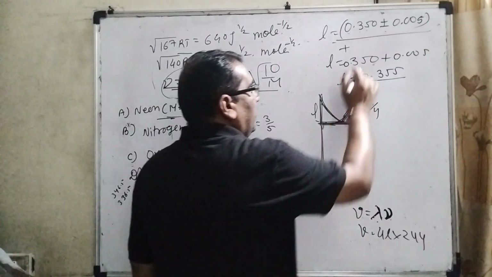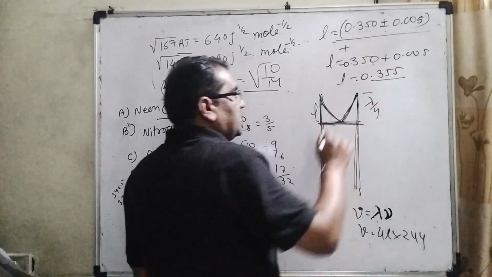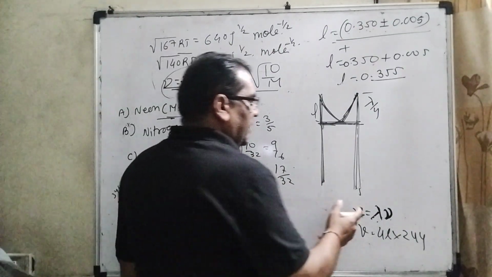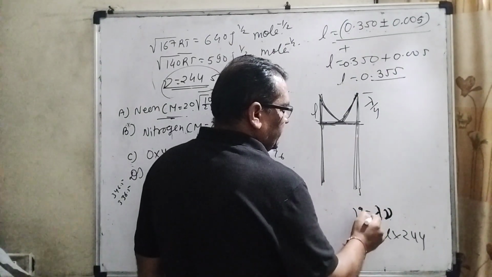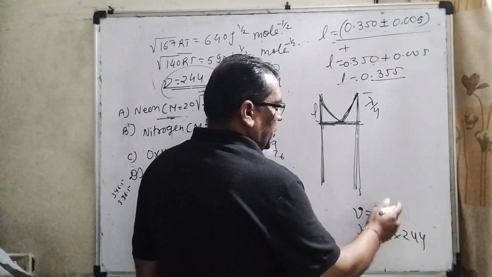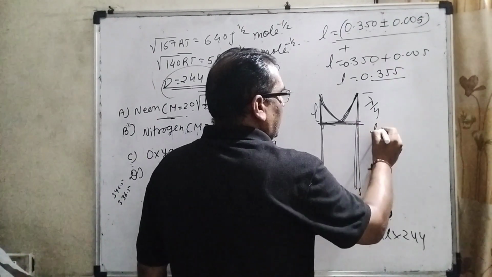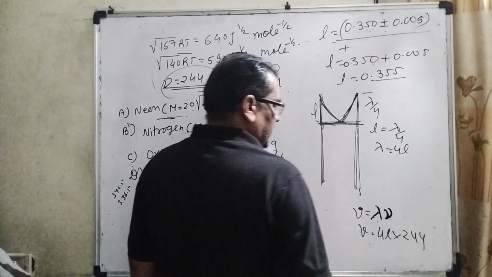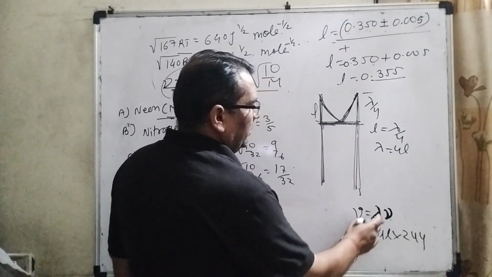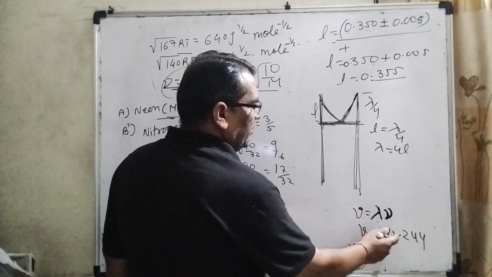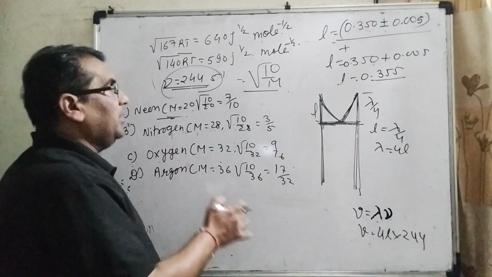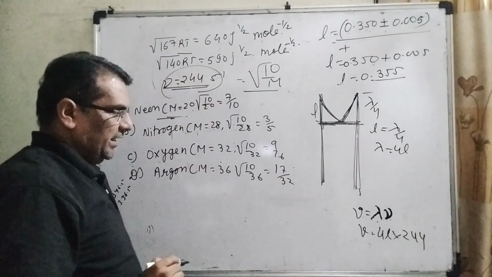Now here we have been given plus and minus. Let us first take the plus and then the minus. The speed of sound is V equal to lambda into nu. Since L equal to lambda by 4, lambda equals 4L. So V equals 4L into 244, because the frequency of the tuning fork is given as 244 per second.